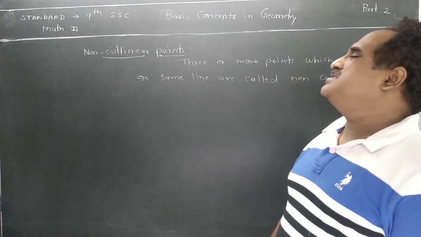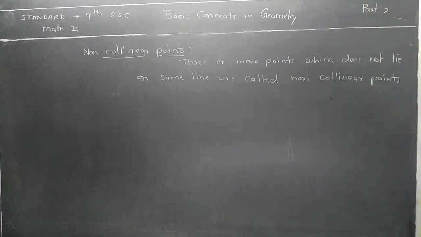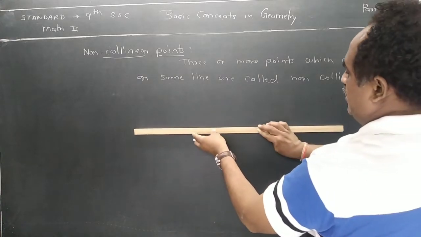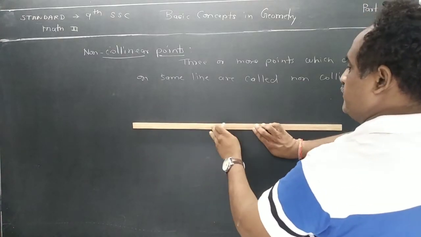So what is the meaning of non-collinear points? Three or more points which do not lie on the same line are called as what? Non-collinear points.